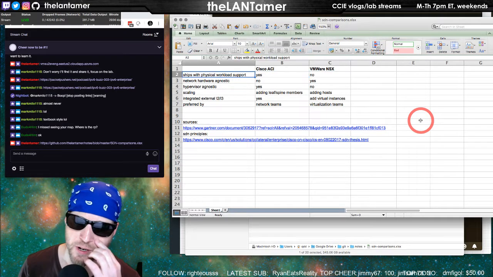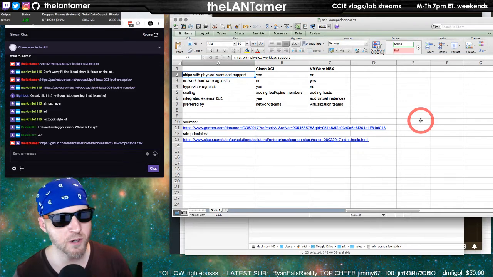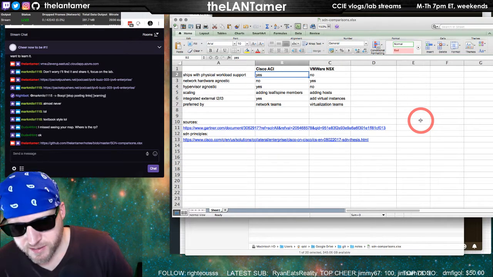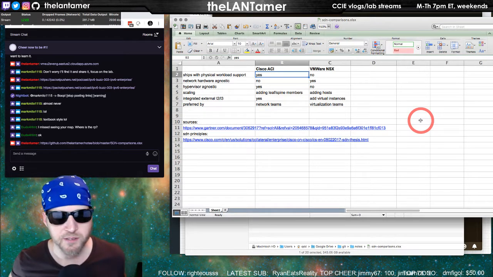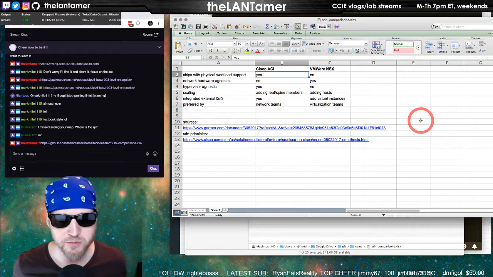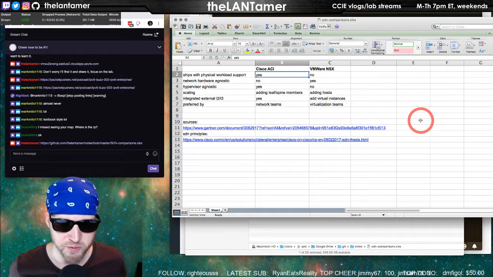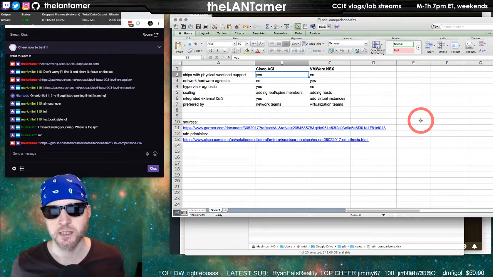And what I found is, of course, Cisco ACI ships with physical workload support. Essentially, you can control physical devices, right? They don't have to be virtual machines. They don't have to be virtual switches. They can be physical routers, physical switches.